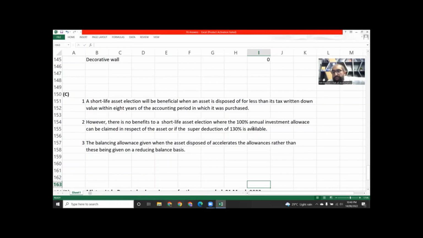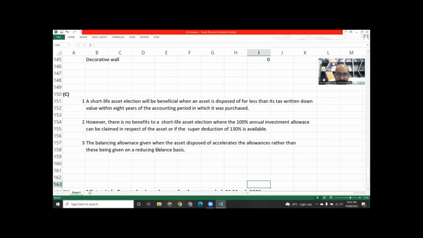But one thing you guys can keep in your mind, this is a big dodge. If you want to score, just for position holders, I'm telling you one thing. For super deduction, you have to buy new assets. Remember?